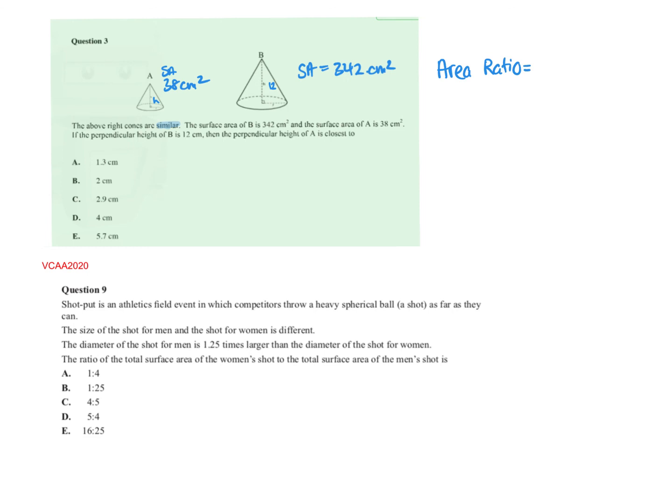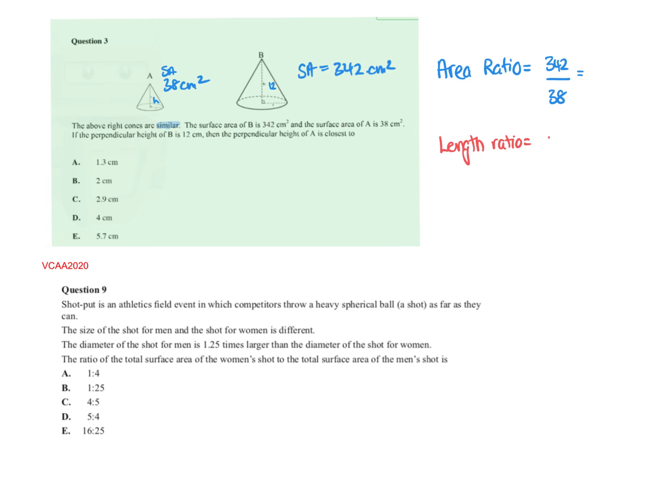So if I compare the areas, we've got 342 over 38, okay? And if we were going back to find the length ratio, we would do the square root. You have to simplify it first.